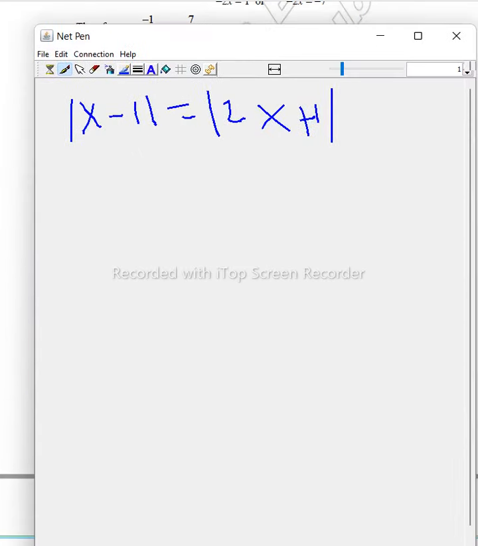So as we said before, we can write this equation in terms of x minus 1 is equal to plus or minus, under bracket, 2x plus 1. So we can write this, because any number when out of absolute value will be positive, any negative number, any positive number.